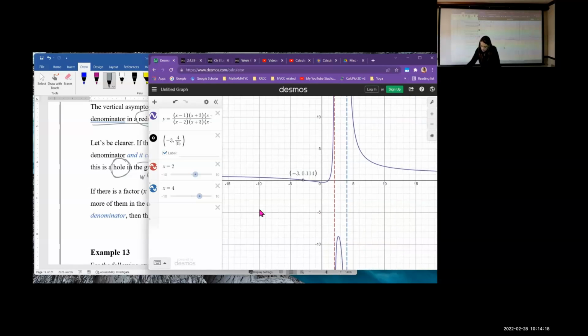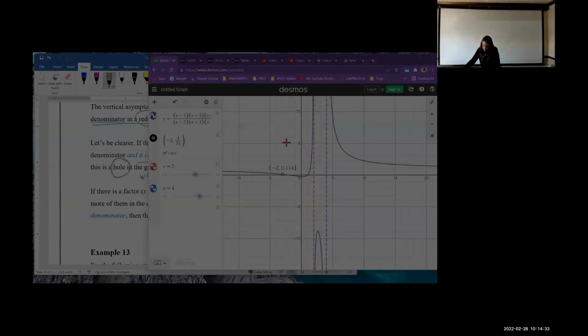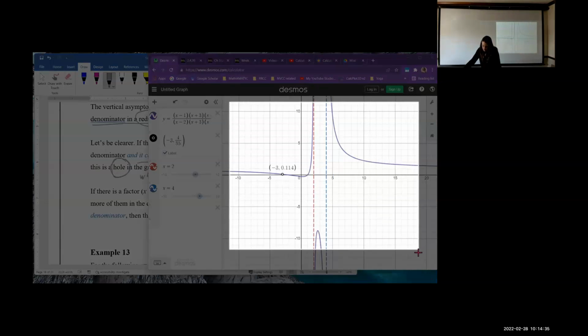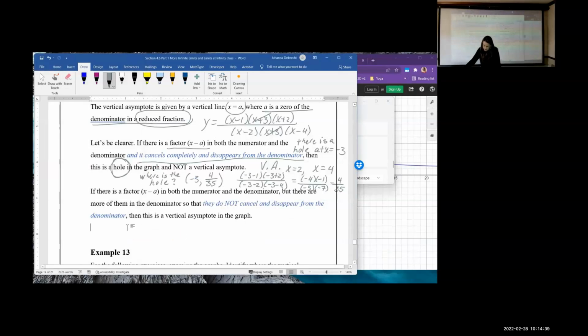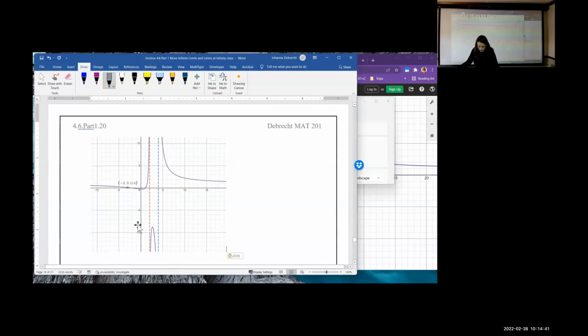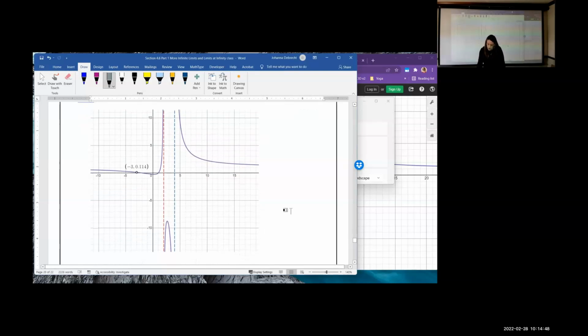All right, so let me put the graph on here. And I'm going to scroll in just a little bit so we can see a little more of it. All right, so as I'm looking at this graph right here, blow it up a little bit.